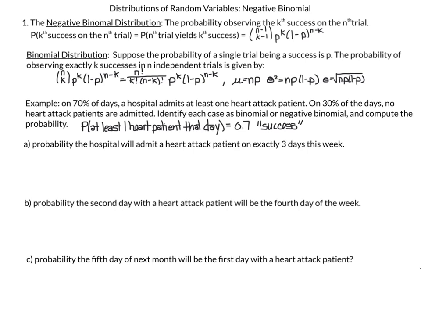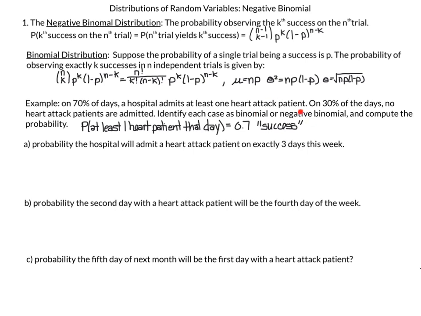Our first question, the probability the hospital will admit a heart attack patient on exactly 3 days this week. So we want to know, are we counting the number of successes, or are we trying to figure out what trial number gives us a given number of successes? So remember, a success is a day with a heart patient.